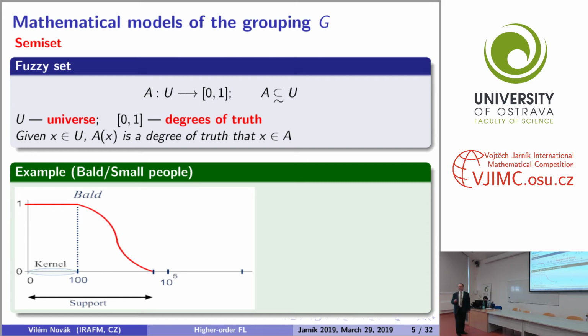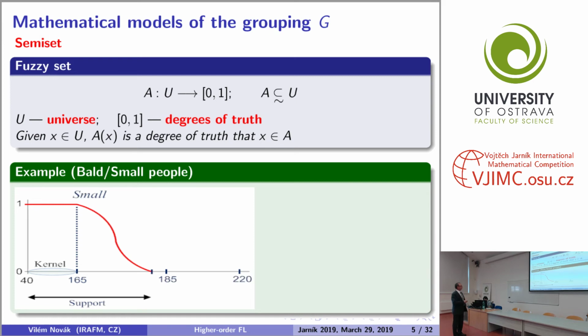These are objects which for sure have the property, in this case, to be bald. And here are the objects which are borderline, for which it is not completely clear whether they are bald or not. And here are objects, it means numbers, which for sure don't have the given property. So I think this is quite clear.